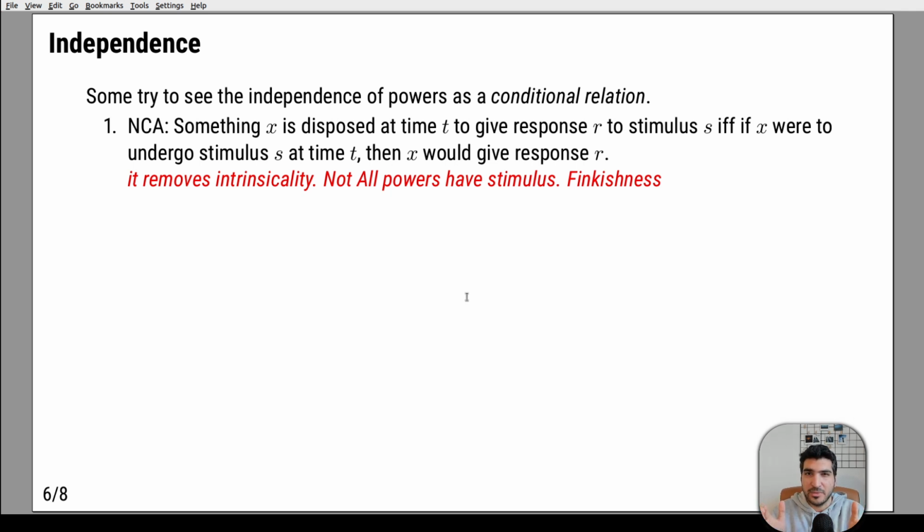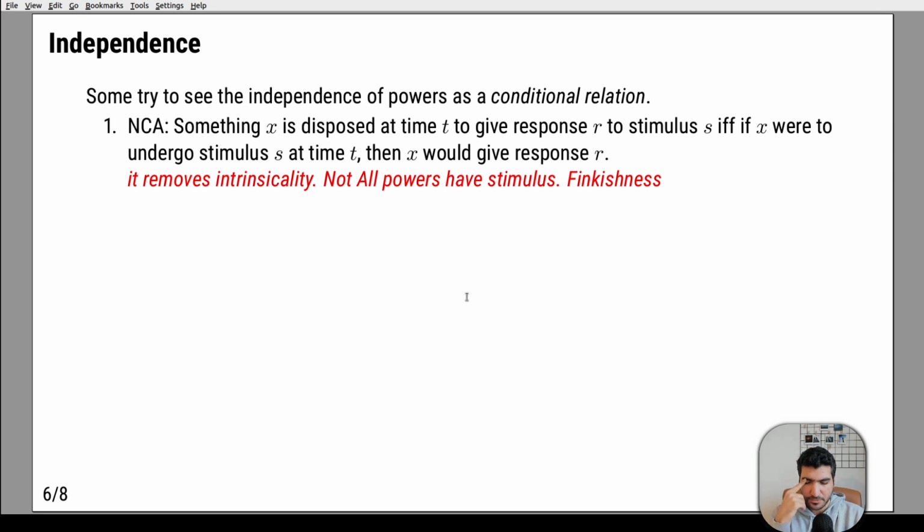So what we have there is a second order power, in the sense that you have a rod that has the power to become magnetized. And if that power is manifested, that metal now has the power to attract metals, and if that's manifested, you see metals attracted to that metal rod. So that's a second order power.